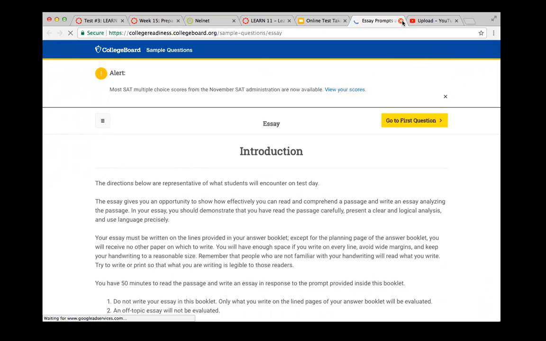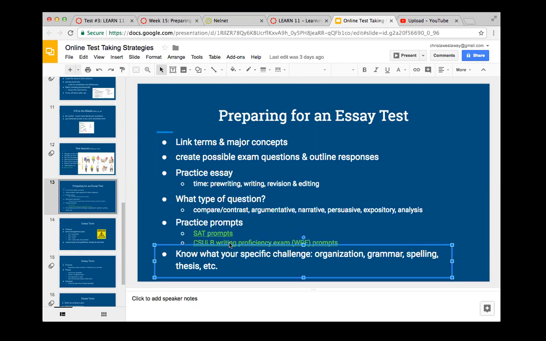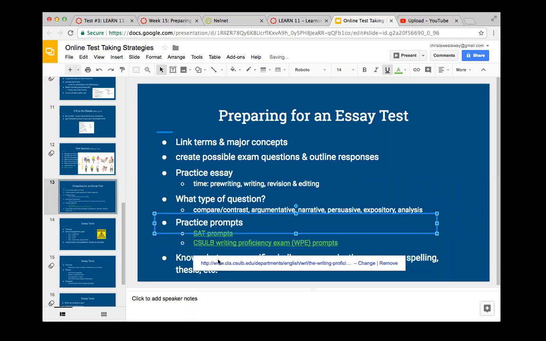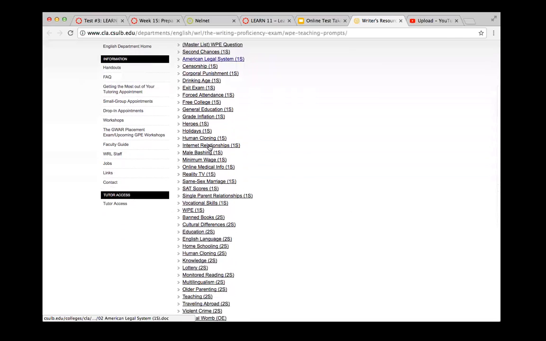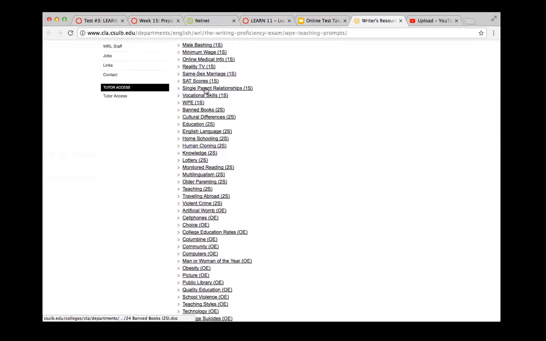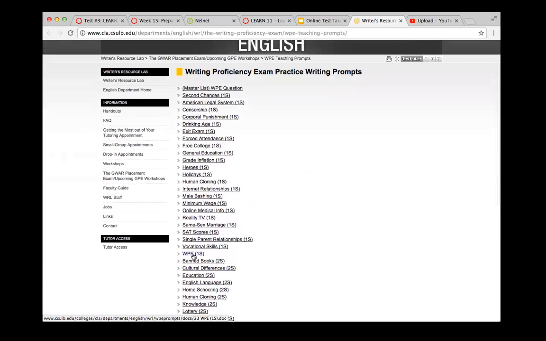Nope, this is the SAT one. Oh, dang, I have to move this. Okay, here we go. I'm not sure if you can see this, yeah, okay, good. Looks like you can. So if you see here, these are all different topics. Look at how many there are. So many. These are topics that have been used in the past.